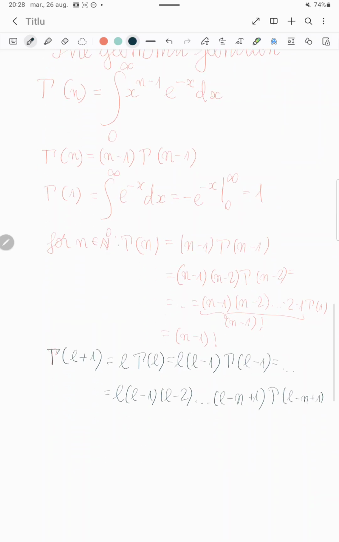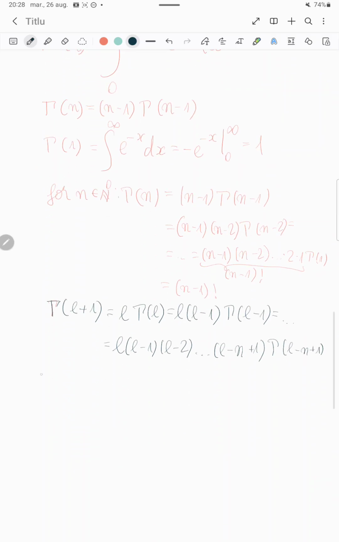Therefore, the product in question, L times L minus 1 times L minus 2 times ... times L minus n plus 1, will be equal to gamma of L plus 1 over gamma of L minus n plus 1.